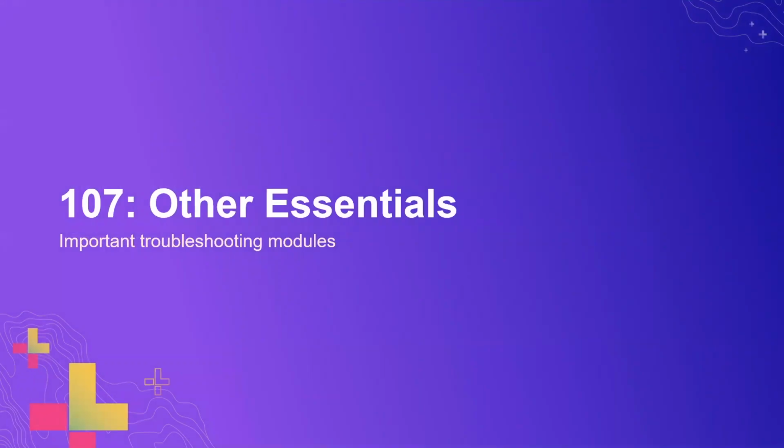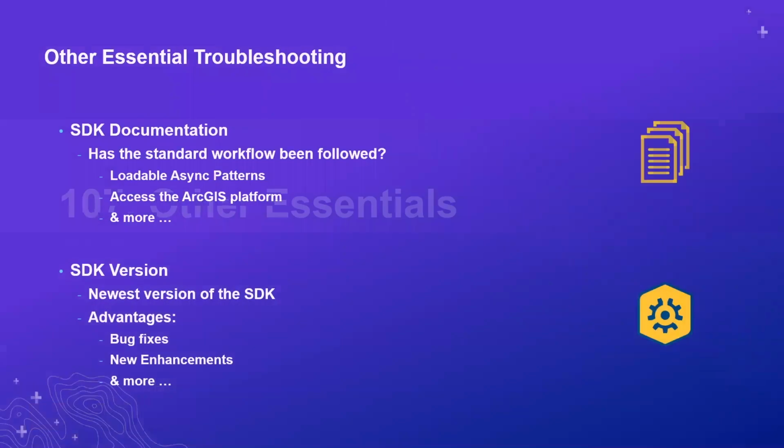Moving on, some of the other essentials in troubleshooting a particular issue with the Runtime SDK fall under either the SDK documentation or the SDK version. Under SDK documentation, the complete documentation can help you in learning some of the standard workflows, like loadable async patterns or accessing the ArcGIS platform, and many more.